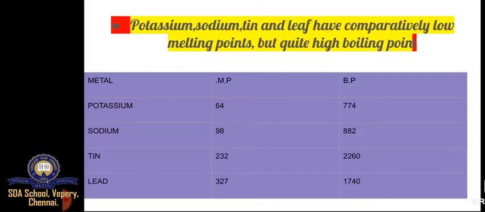Tin's melting point is 232 and its boiling point is 2260. Lead's melting point is 327 and its boiling point is 1740. These are soft solids, but the boiling point is high.